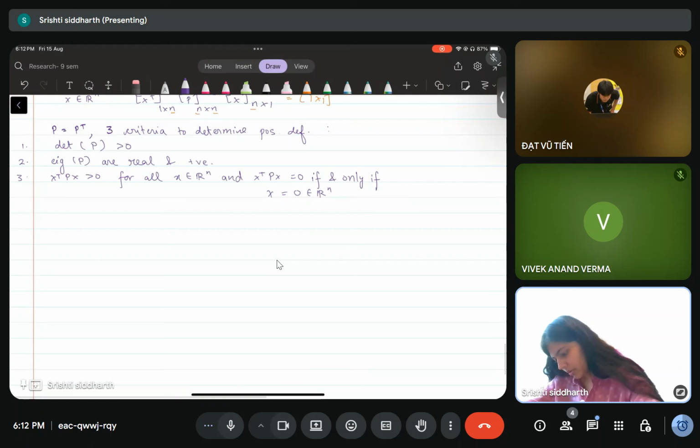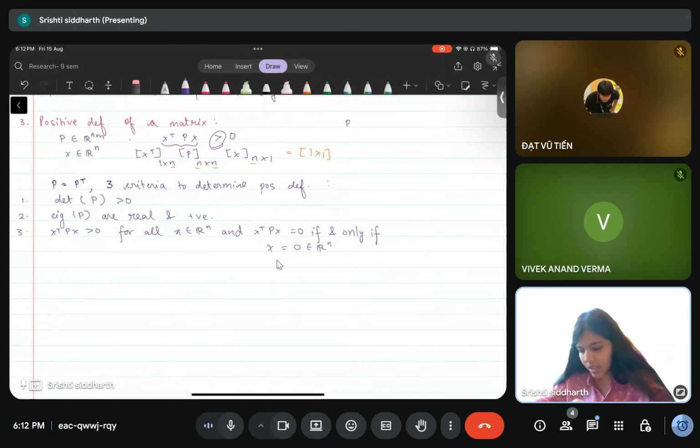Alright, so we have just seen that X transpose Px is a scalar, so let's name that scalar. Depending on some vector X, V of X is X transpose Px.